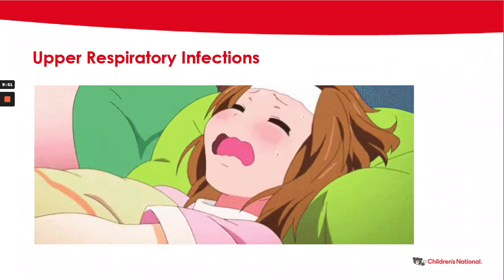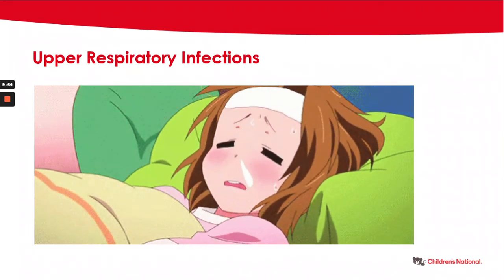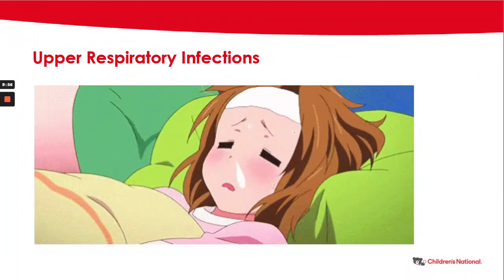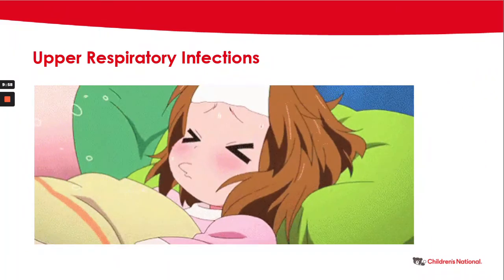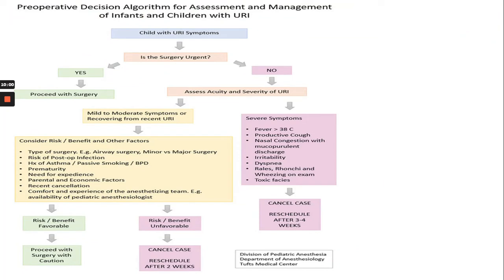Other patients I'm concerned about are those with an upper respiratory infection. So I'm going to give you my approach in such patients. Traditionally we've been told that for all patients with upper respiratory infections, elective or semi-elective surgery should be delayed 4 to 6 weeks.